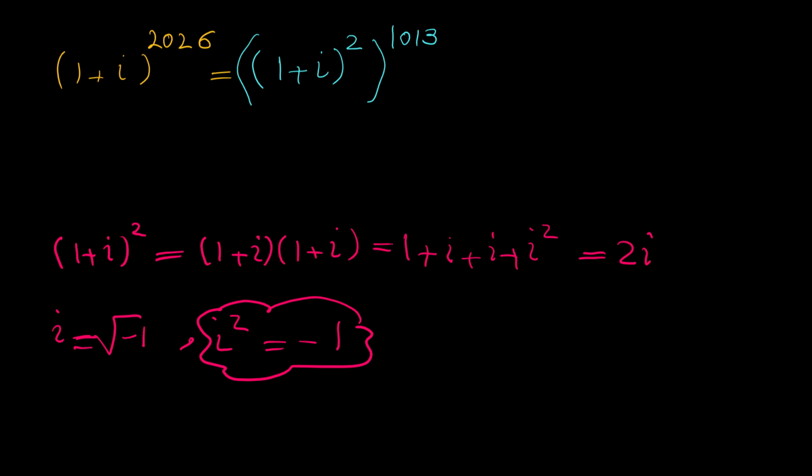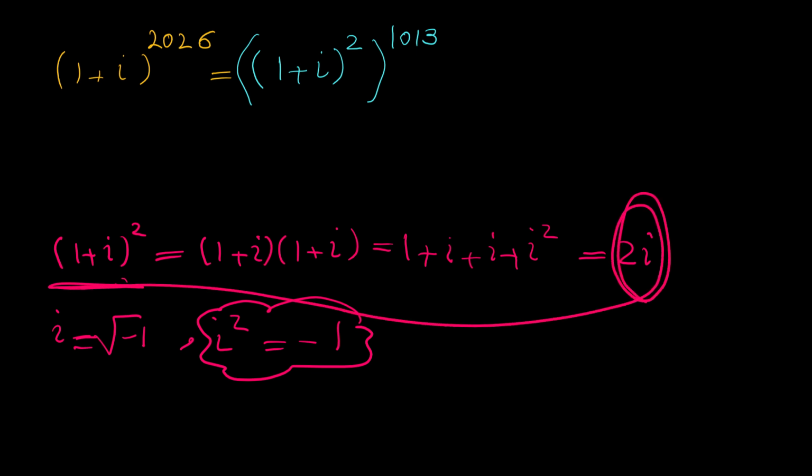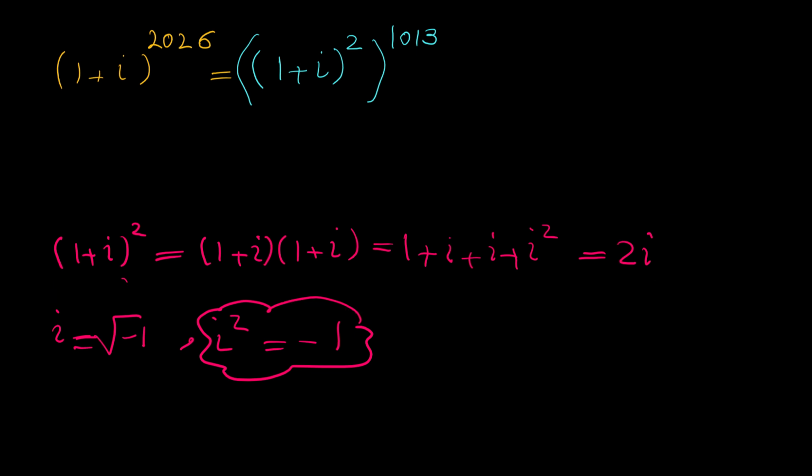We know that 1 plus i to the 2 is 2i, so we can write this as 2i.